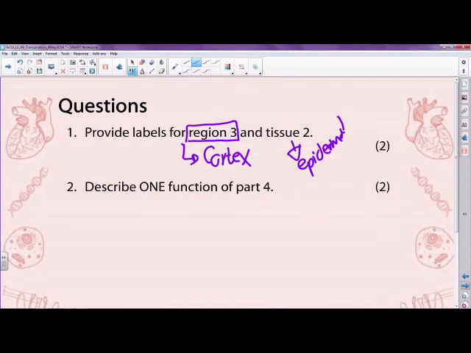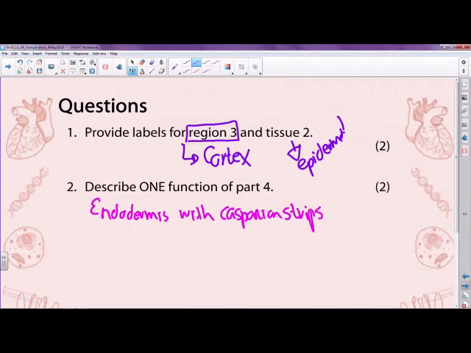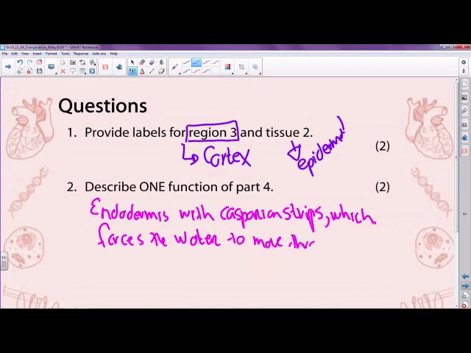So to describe, first of all, what I want you to write is it's the endodermis with Casparian strips, which forces the water to move through and not over the cell walls.